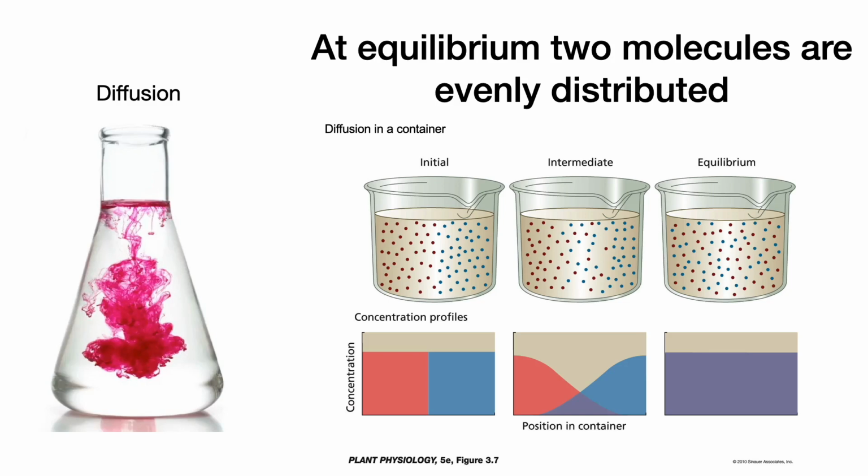As these molecules bounce around through random kinetic energy, eventually they begin to lower in their concentrations in the middle of the beaker where they are interacting with each other.